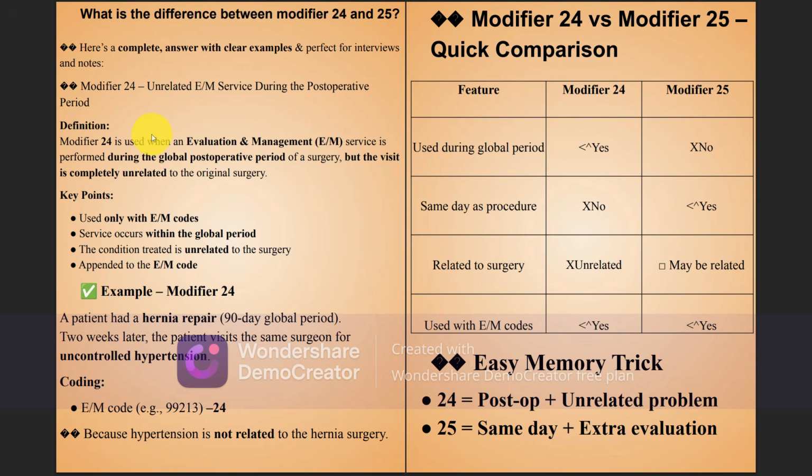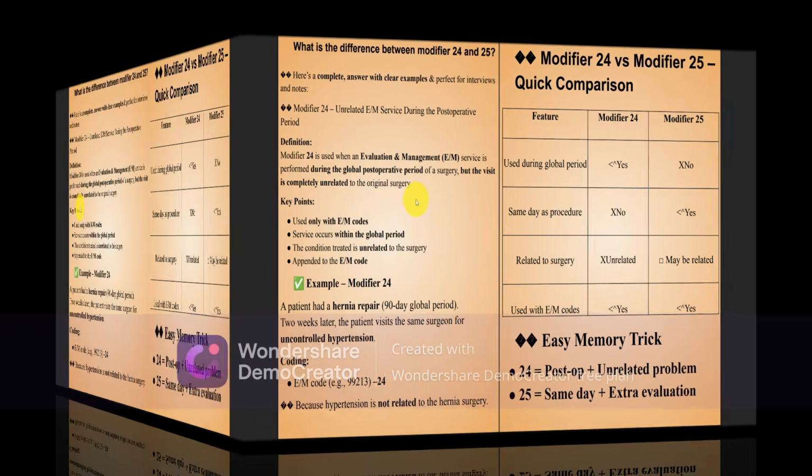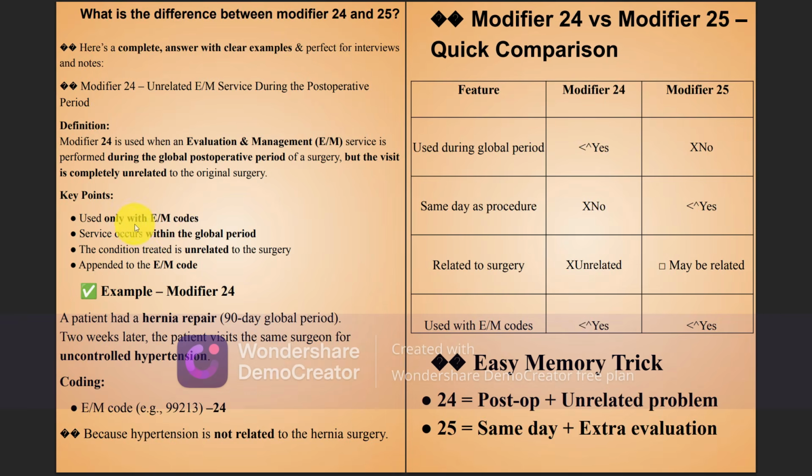Definition: 24 modifier is used when an evaluation and management service is performed during the global post-operative period for a surgery, but the visit is completely unrelated to the original surgery. Key points: use only with E&M codes. Service occurs within a global period. The condition treated is unrelated to the surgery. Append to the E&M code.